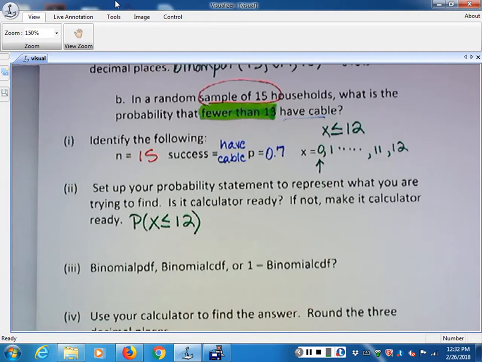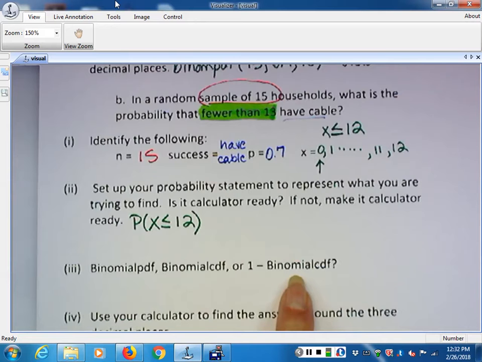Okay? Now, based on that, look back at your notes that I gave you. Is this binomial PDF, binomial CDF, or 1 minus binomial CDF? It is binomial CDF.